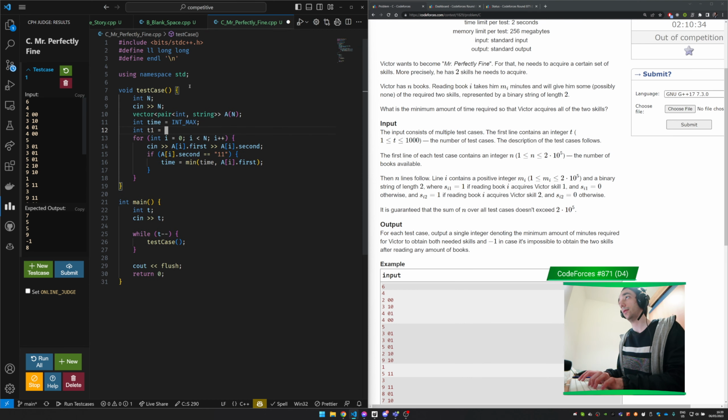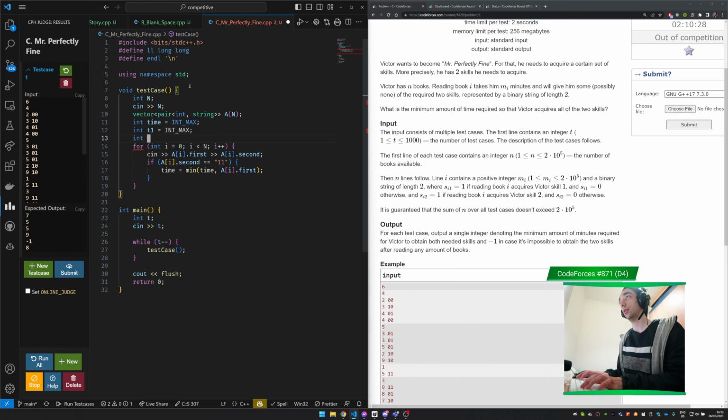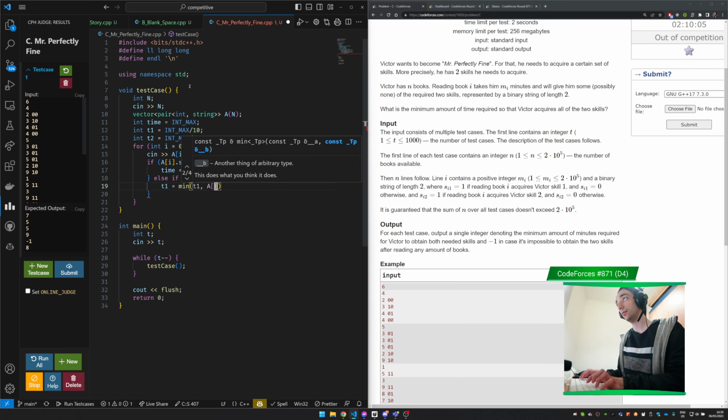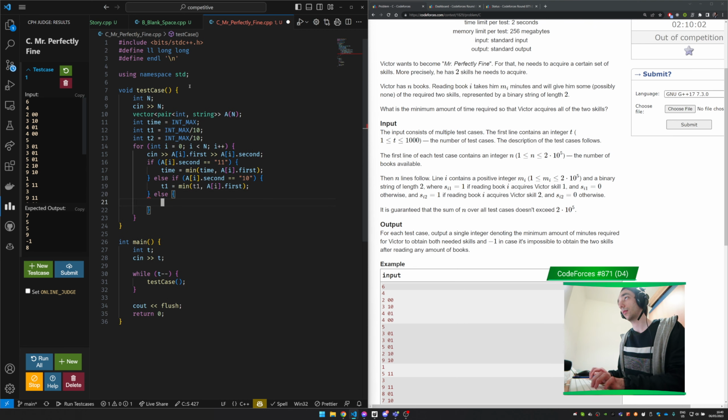Another thing is I will have t1 to read the first problem, which is max time, and t2 is also max time. I will divide them here by 10 or something, just so it doesn't overflow. And then else if a_i second is this, I didn't even need to read a minimum factor, but whatever. Time 1 is minimum of time 1 and a dot first, and else if a_i second is this, then it's time 2.